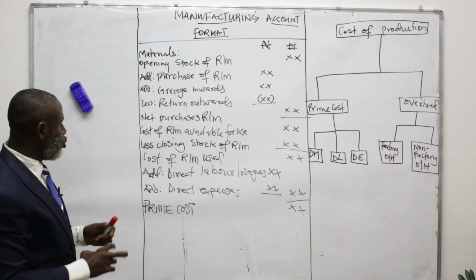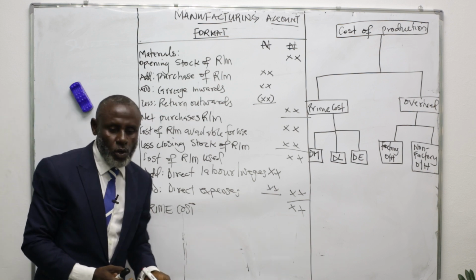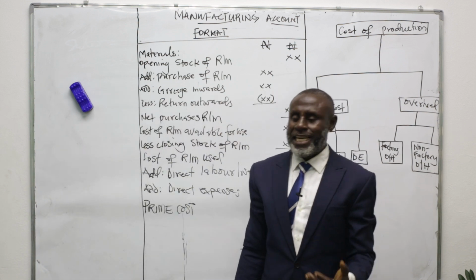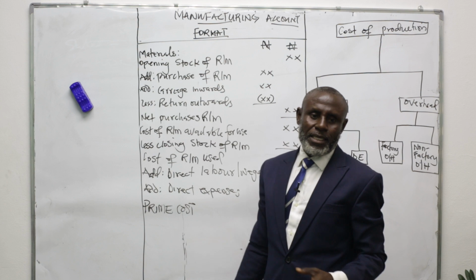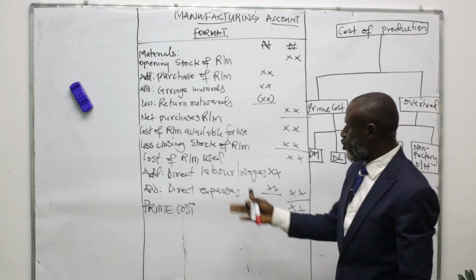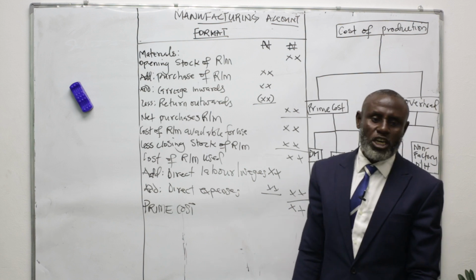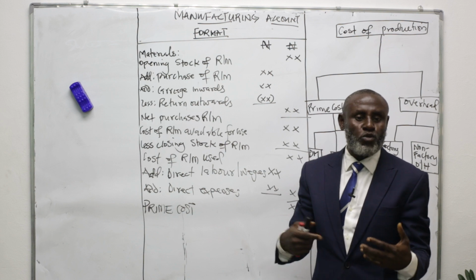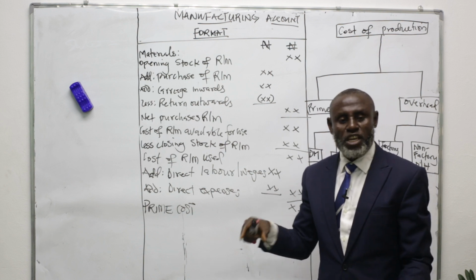Okay, but it's important to note, when we say direct labor, what does it mean? Direct labor is talking about the wages, the amount of money paid on a daily basis to those factory workers. And when you talk about direct expenses, you're talking about the amount of money probably spent on the hiring of equipment used in the factory.